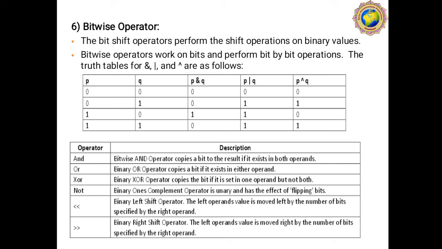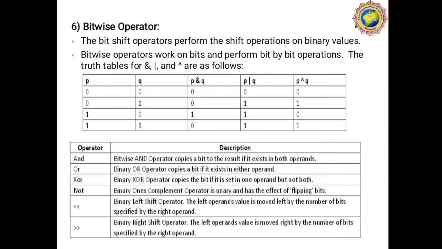Whenever 0 and 0 are combined, the answer is 0. Whenever we perform 0 and 1, the answer is 0. 1 and 0, answer is 1. 1 and 1, answer is 0. It means that whenever both bits are the same, the answer is 0.